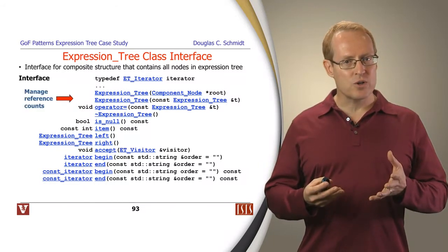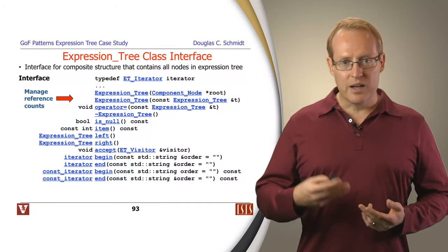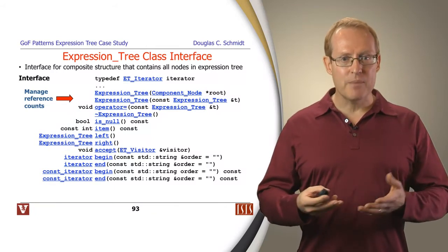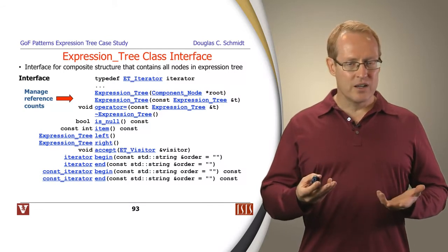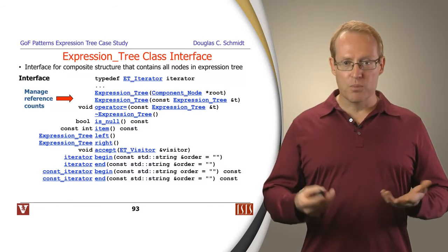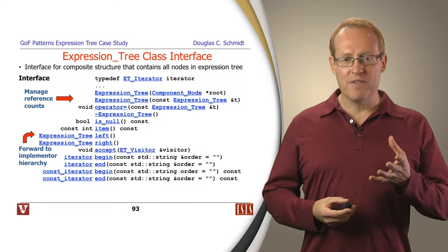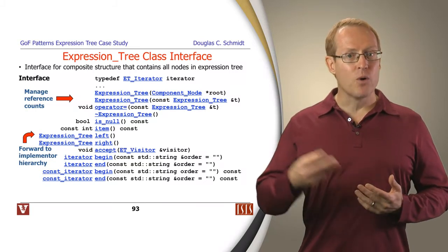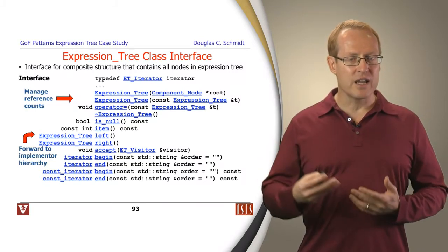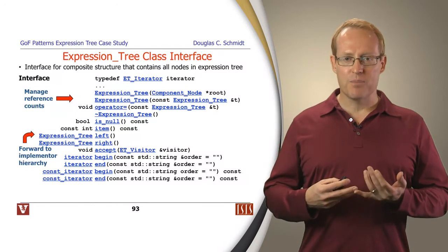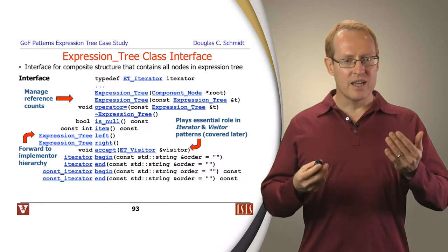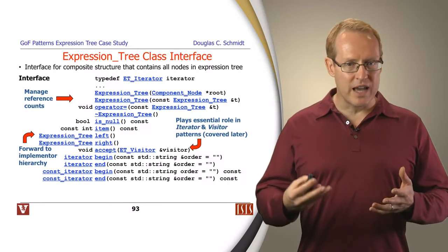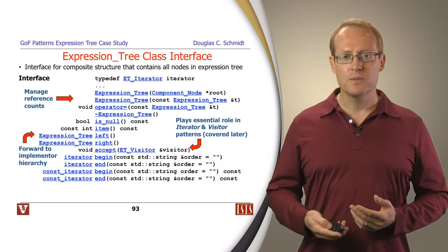Its constructors and destructor, copy constructor, and assignment operator all use reference counting, which can be based again on C++11 shared pointers. We also have several operations that will forward to the underlying composite hierarchy. For example, the item method, left, right, and most importantly, the accept hook method, which we'll see later when we talk about iterator and visitor.